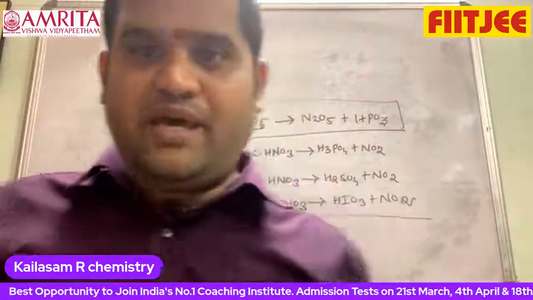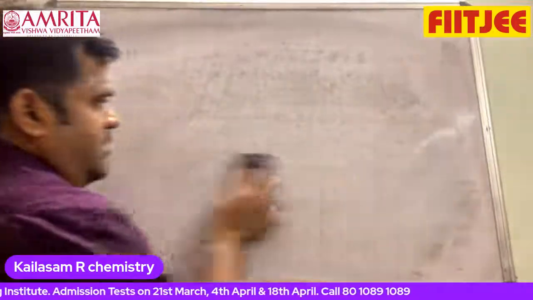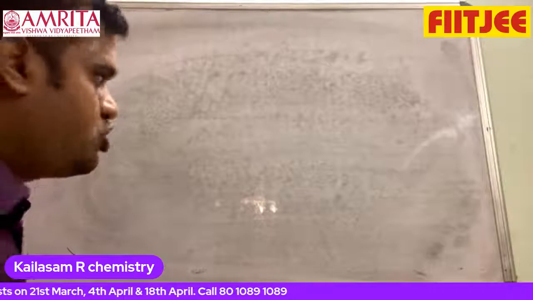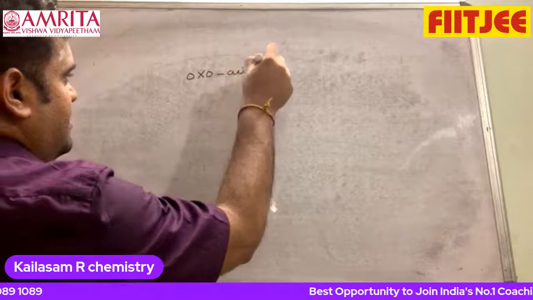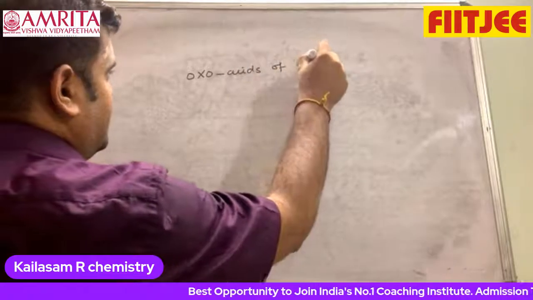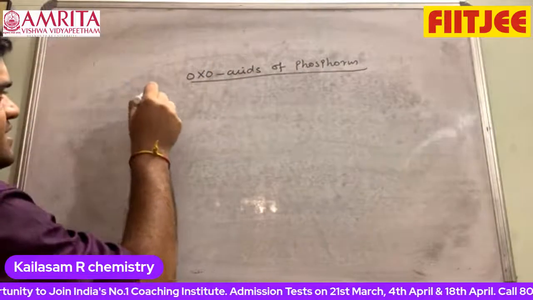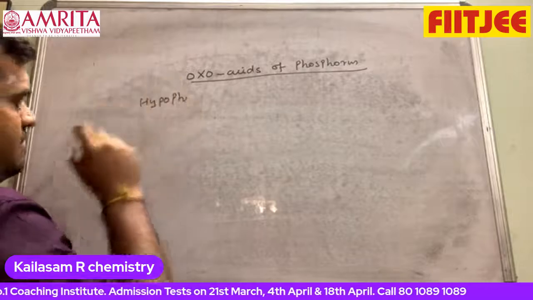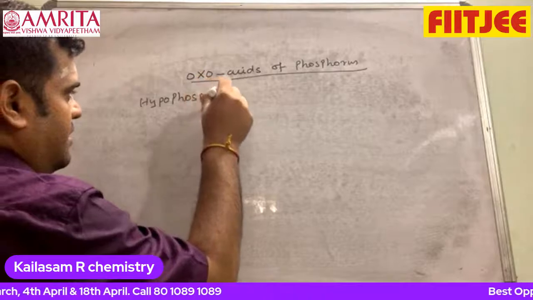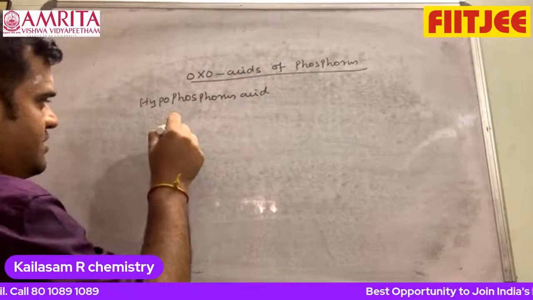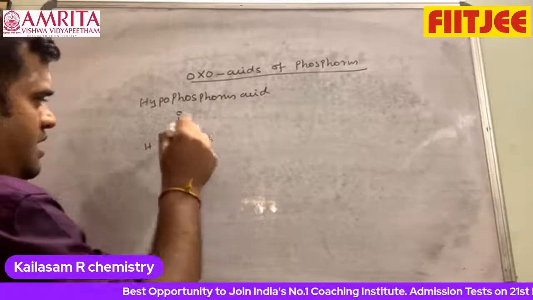Now come to the point. The important reaction I still want to give you. Look at this. Now this is over. Now we are going with oxoacids of phosphorus, their structures. First is hypophosphorous acid.